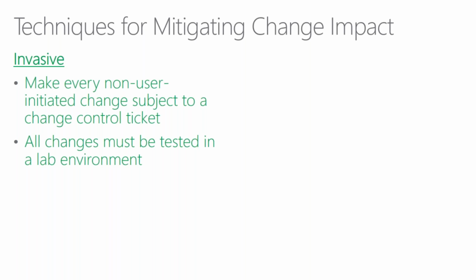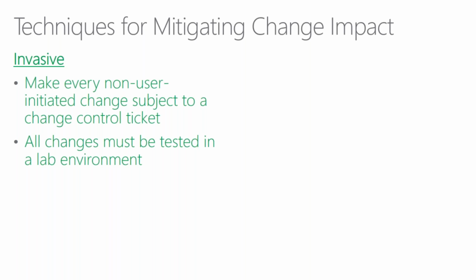Where I have seen this work is for any significant infrastructure changes or structural changes to AD, and that includes things like updates to domain functional levels, schema updates, large-scale GPO changes or reorganizations, doing OU reorganizations, all of those things.